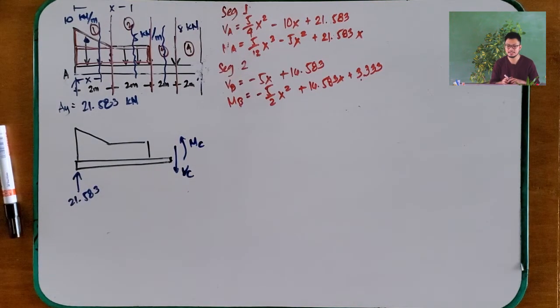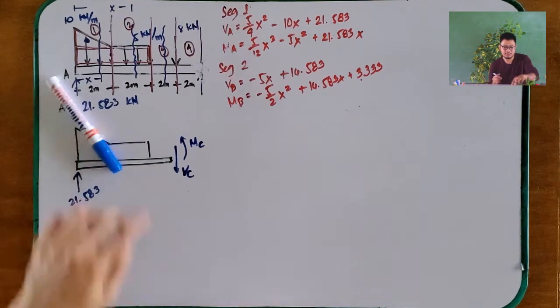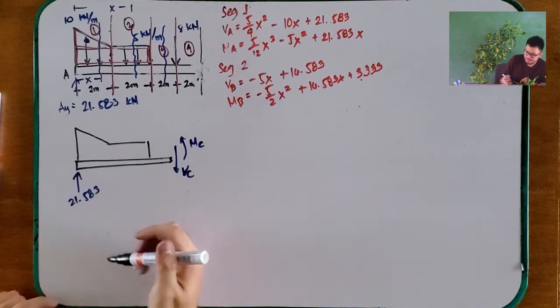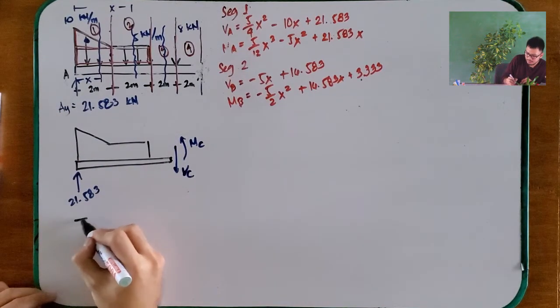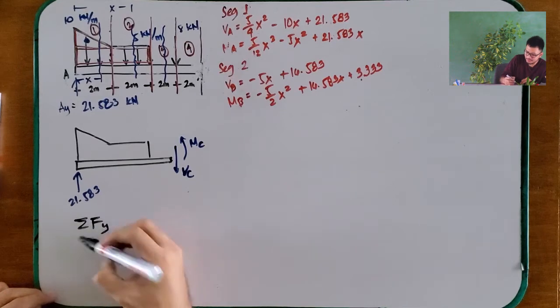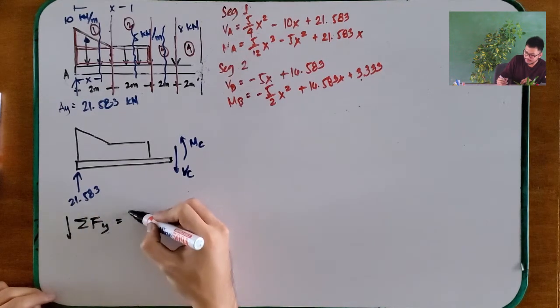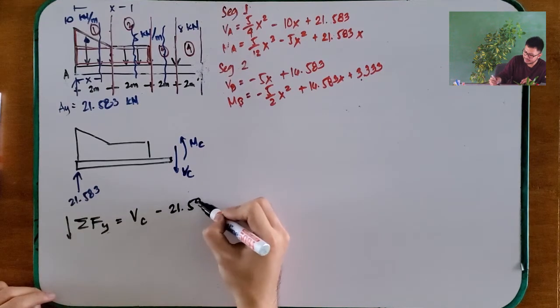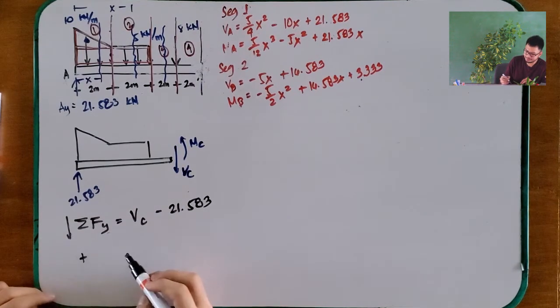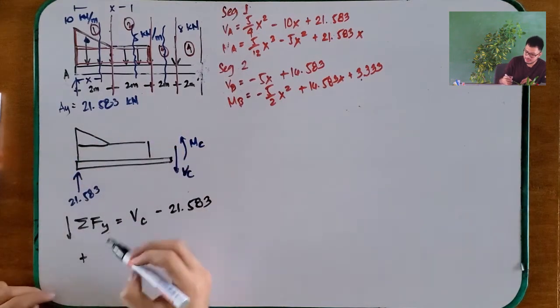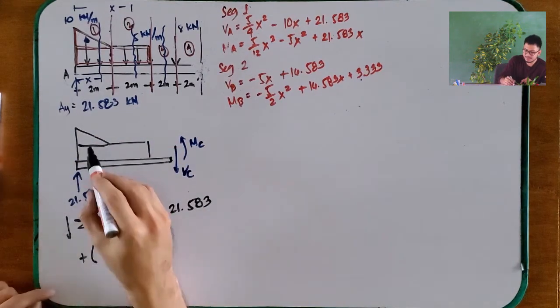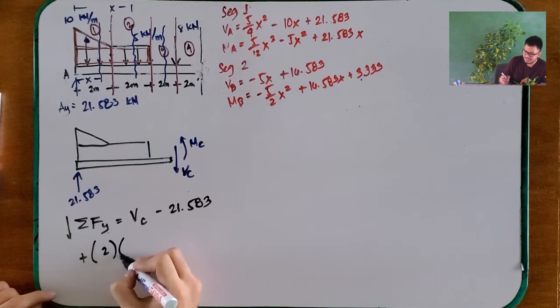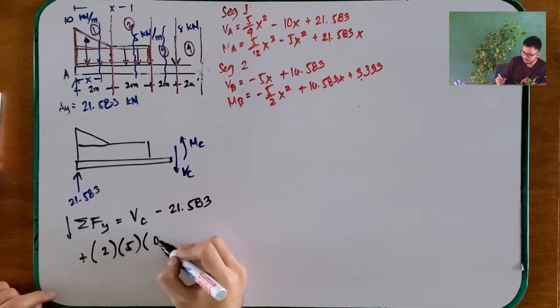Let's do this. Summation of forces along Y going down is equal to VC minus 21.583 plus the triangle and the rectangle. We know the base: for the triangle, base is 2, height is 5 times 0.5.